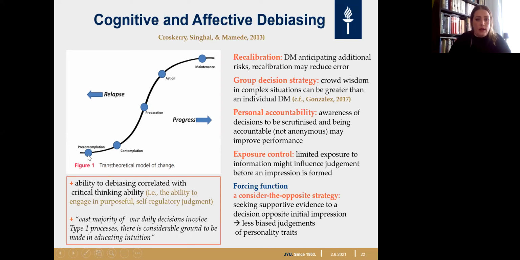Affective debiasing is seen as a process of different stages, and it states that debiasing is correlated with critical thinking ability, and critical thinking ability in this is defined as self-regulatory judgment.